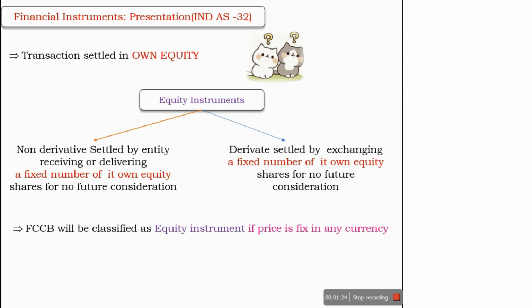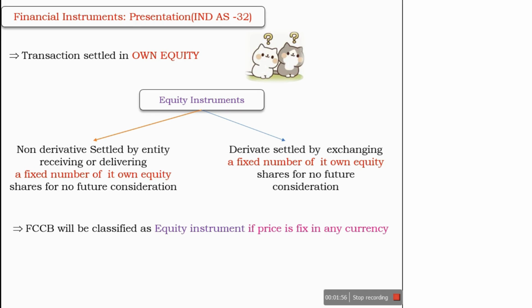If we say that the criteria for fixed is matched, the instrument will be classified as an equity instrument. But if we conclude that the fixed rule is not matched, the instrument will be classified as a derivative and will be taken care of by Ind AS 109, and will have a major impact on the P&L and the financial statements because of the valuation options.